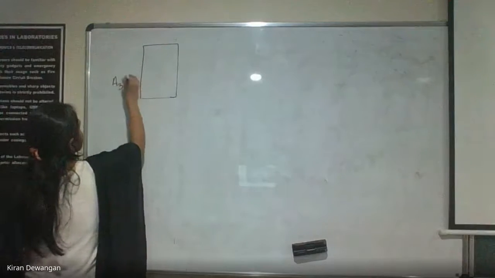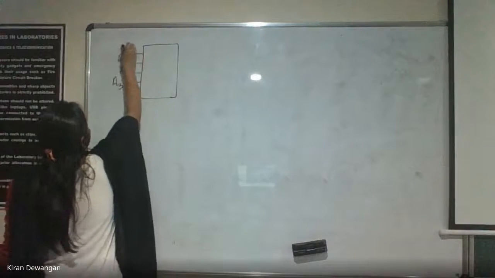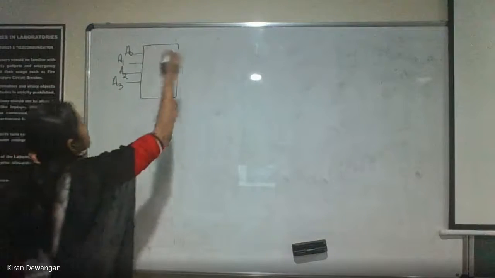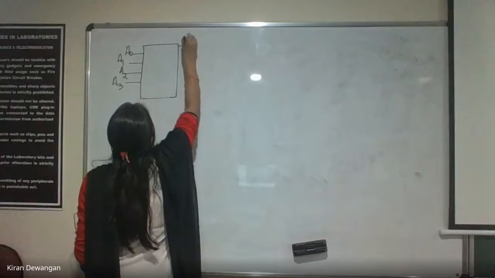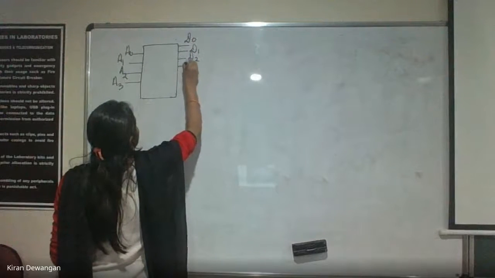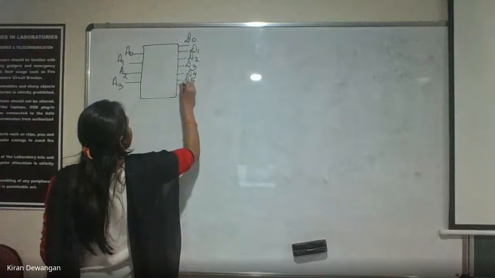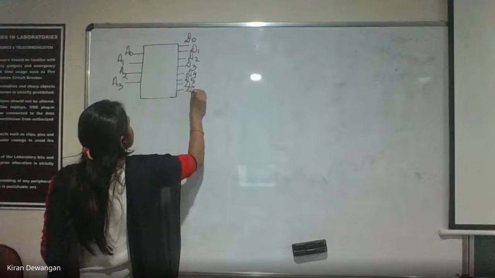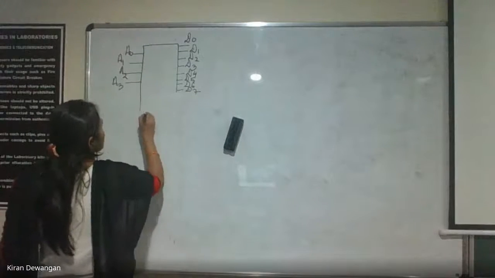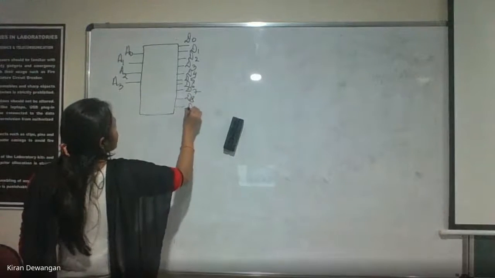We'll be having 4 inputs, that is A3, A2, A1 and A0. These are our 4-bit BCD, and the outputs D0, D1, D2, D3, D4, D5, D6, D7, D8 and D9.